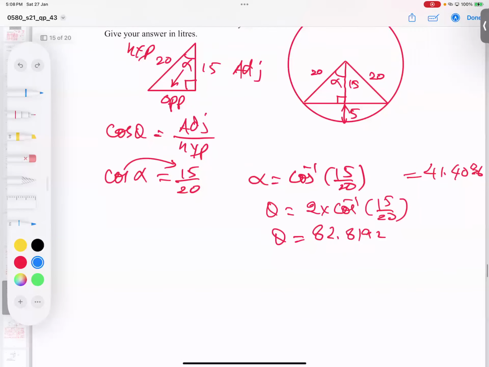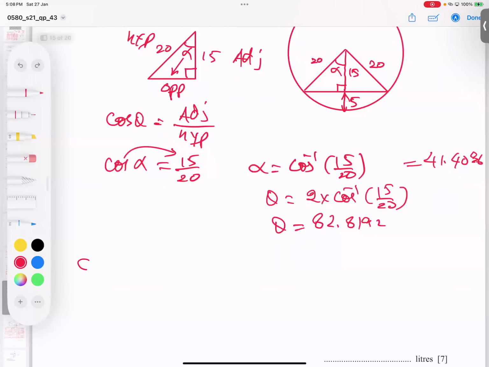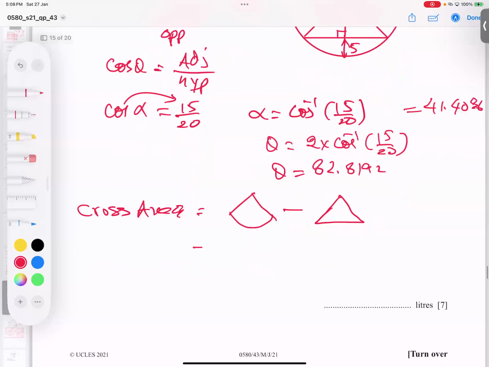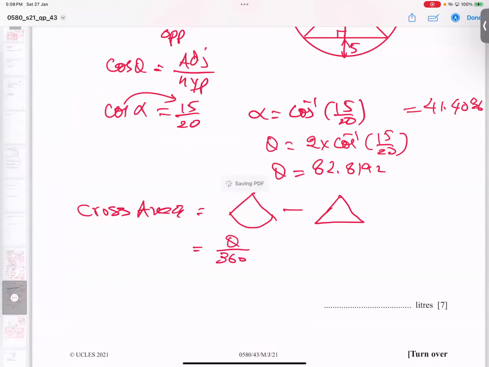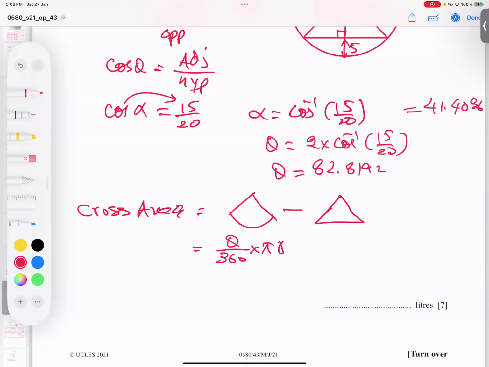So let's start now. Here I'm saying, cross area is actually sector area minus triangle area. For your knowledge, the sector area is theta by 360 degree times pi r squared.